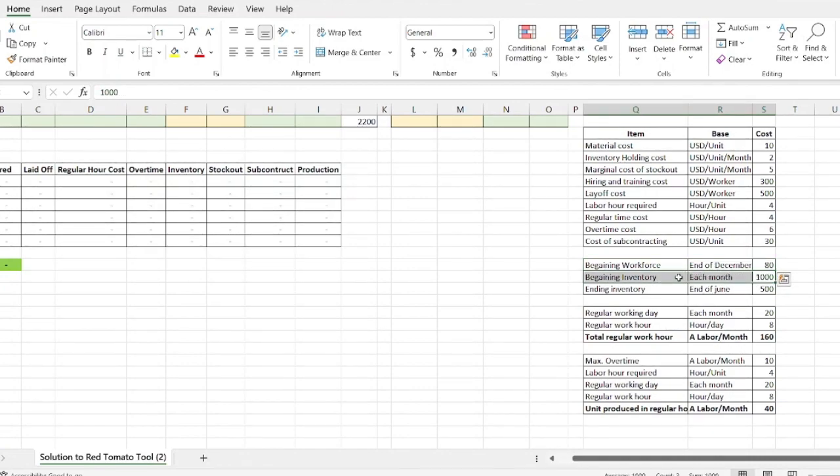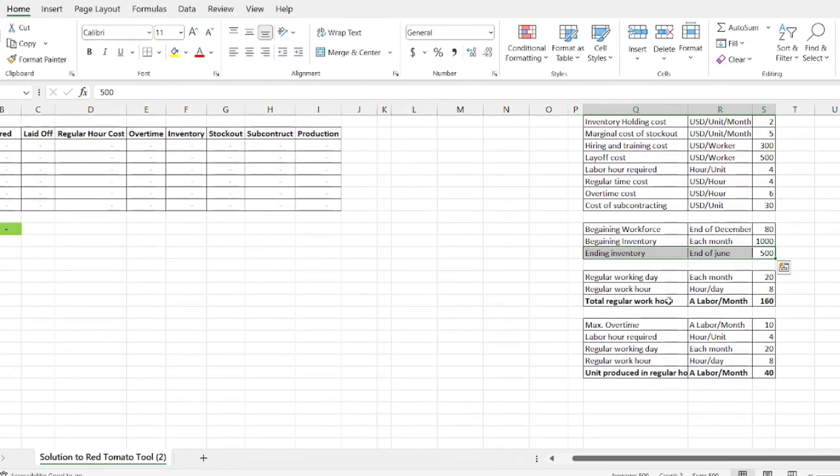Beginning inventory, I have an inventory of 1000 pieces, which is also given in the problem, and ending inventory is 500 at the end of June. Here we have calculated the regular work hours per month per employee, and maximum overtime is 10 hours per employee. Labor hours required per unit is 4.